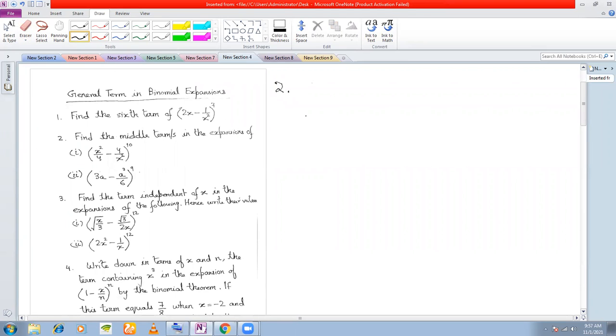The question is, find the middle terms in the expansion of the following. First one, the given expression here is (x square by 4 minus 4 by x square) to the power of 10. See here, n is equal to 10, which is even.